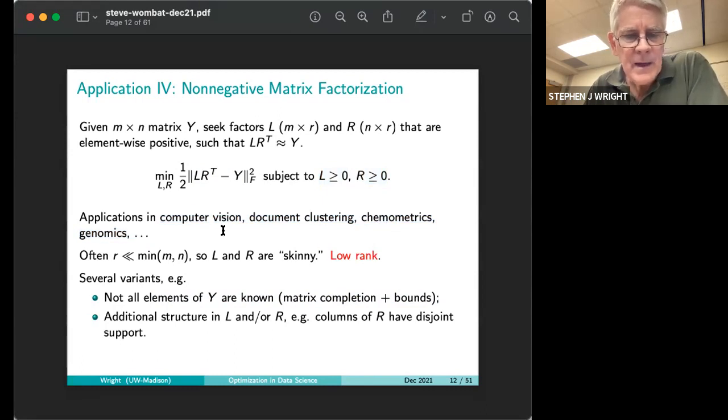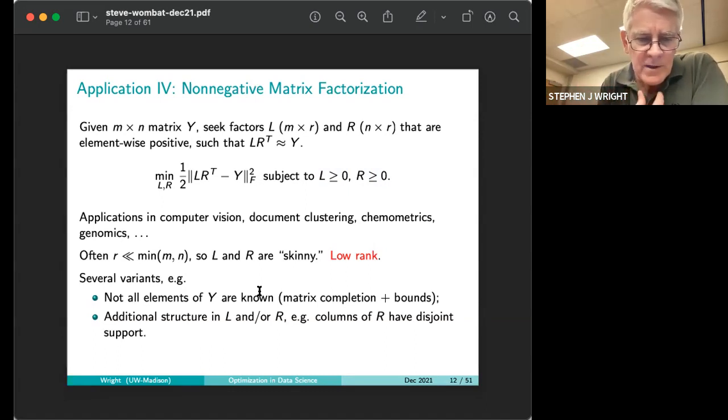And so the algorithm that people have used for this for, I don't know, the last 20 years at least, has been alternating minimization. So they've fixed the L and they've solved a bound constrained linear least squares problem to find R. And then they fixed the R and solved a bound constrained linear least squares problem to find L. And they've just gone back and forth like that, vice versa. And that works pretty well, okay?